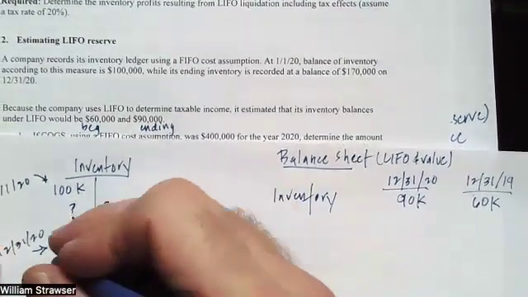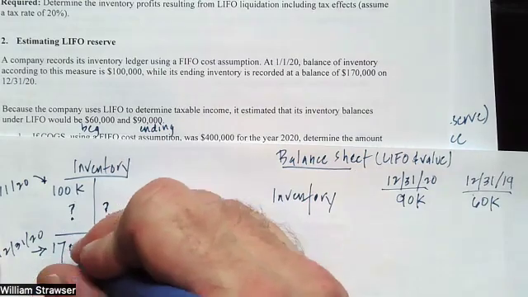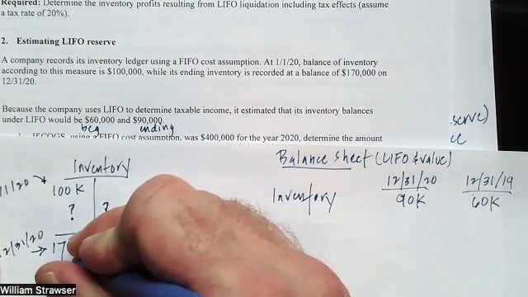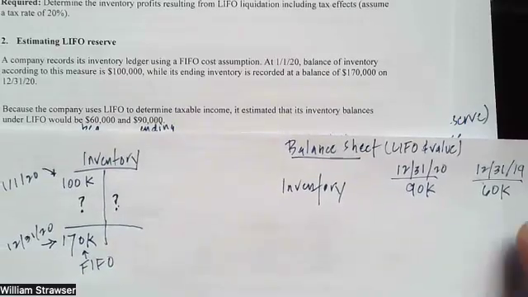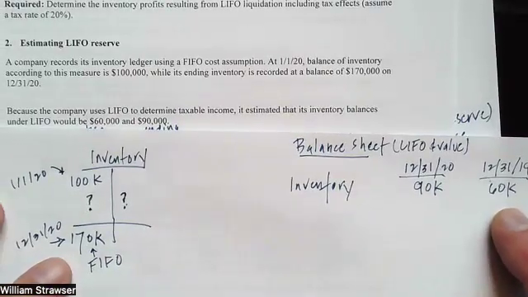This is not LIFO, this is FIFO. So how we get to these numbers from these is the role of the contra account.